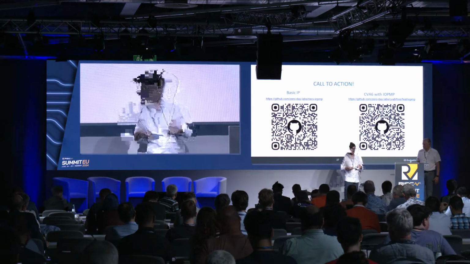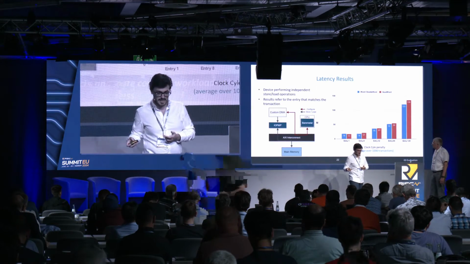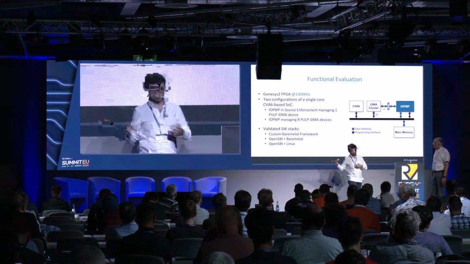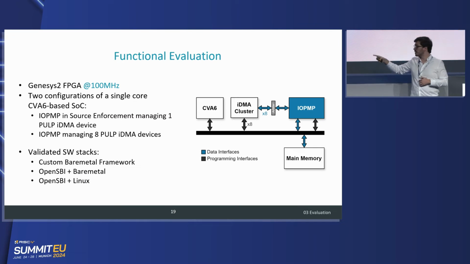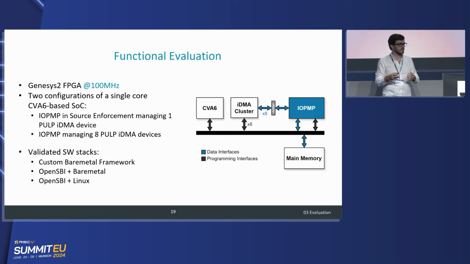But with the validated software stacks that we have here, the custom bare metal framework, we can create custom tests to run, and we assessed basically all of the features that are mandatory in the IP. Okay, thanks.